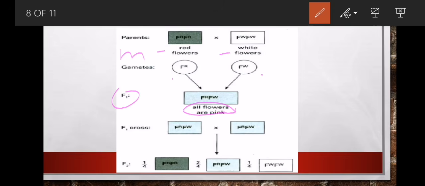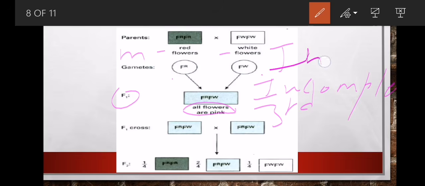What is the color? It's pink. Pink is neither red nor white. What does that tell us? This is an incomplete dominance, because we have what? We have a third phenotype. That is intermediate. That's how we explain it.